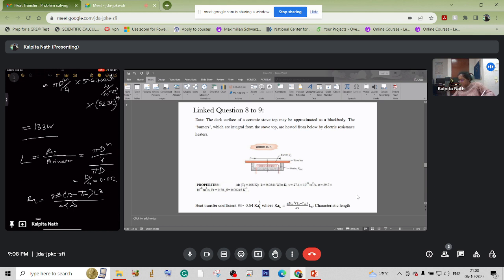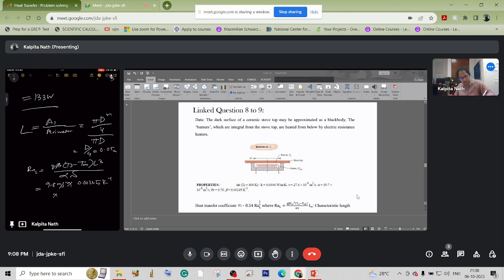So this will come out to be 9.8 meter per second square into 0.00245 Kelvin inverse, this is beta, into 250 minus ambient temperature 20, into 0.05 meter whole cube, this is the characteristic length L, upon alpha, which is 27.4 into 10 to the power minus 6 meter square per second, and nu is 39.7 into 10 to the power minus 6 meter square per second.